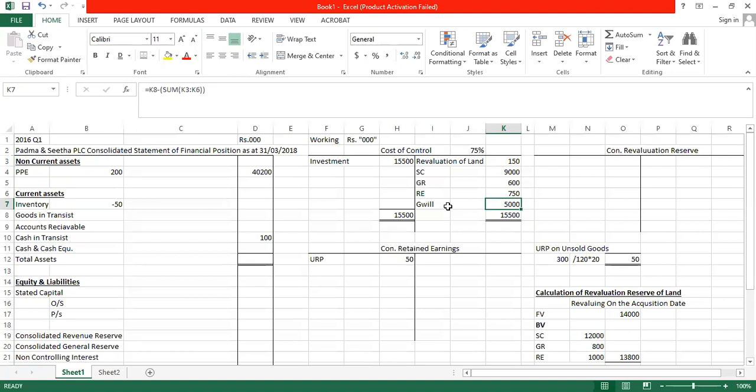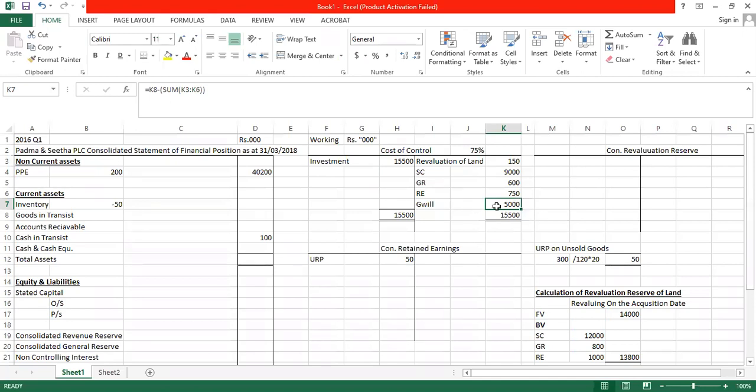After finding the goodwill, actually we didn't do the third adjustment, because we leave it if there are any other adjustments relating to the consolidation. So they say impairment is carried out at the balance sheet date, and they identified the impairment loss is 1,000.